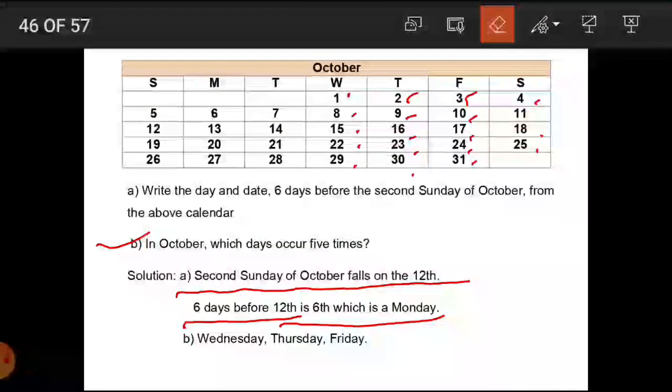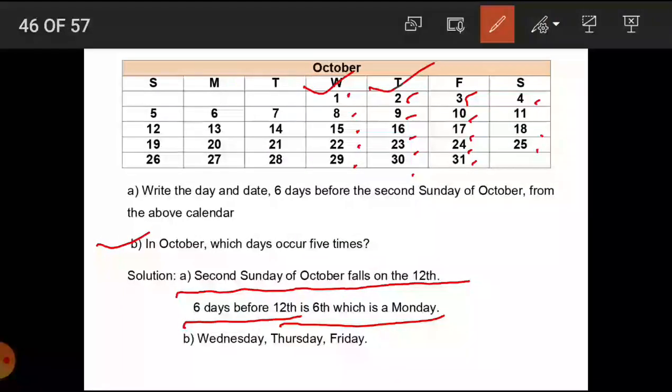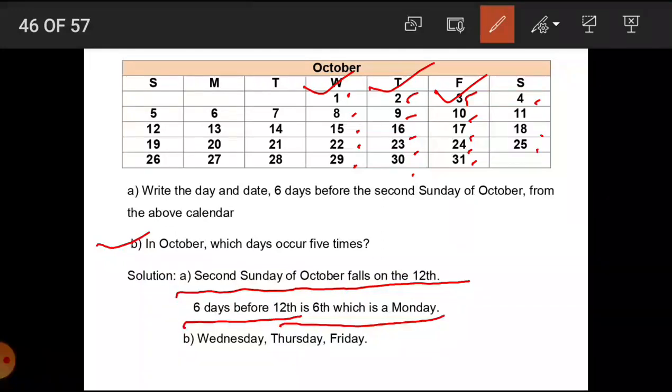So which days are we going to use? We are going to use Wednesday, Thursday and Friday. These are the 3 days which occur 5 times. 5 times means that day has 5 dates. Wednesday you will see 1st, 8th, 15th, 22nd and 29th are Wednesdays.